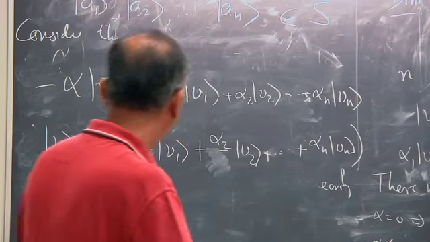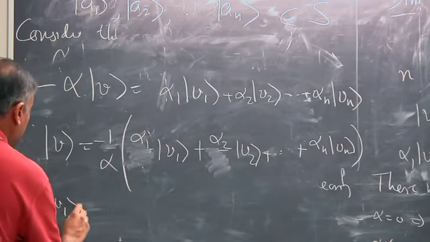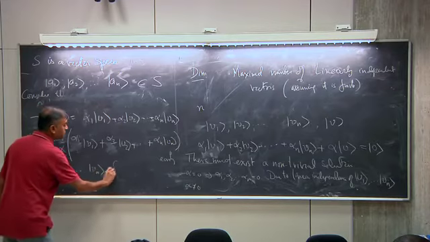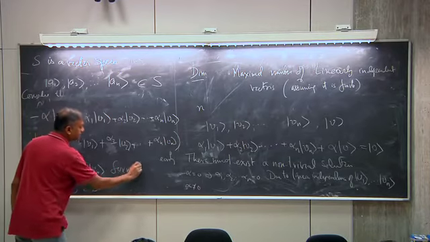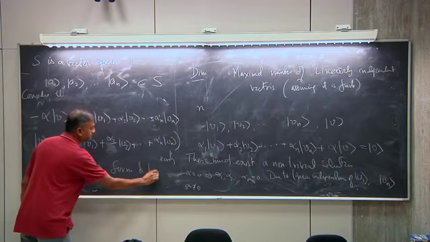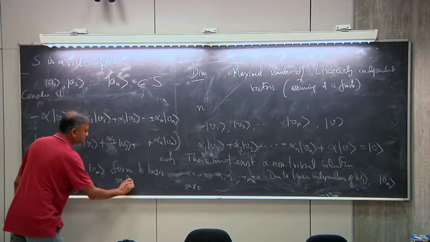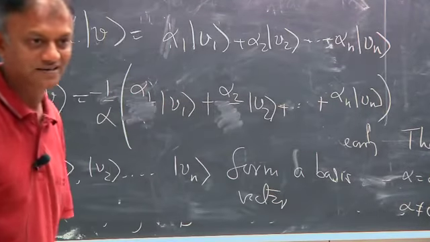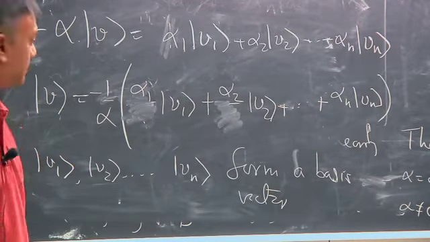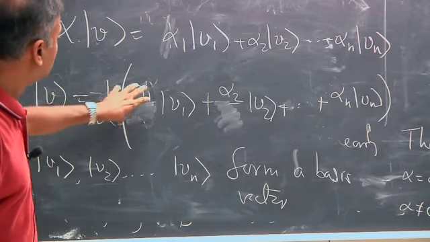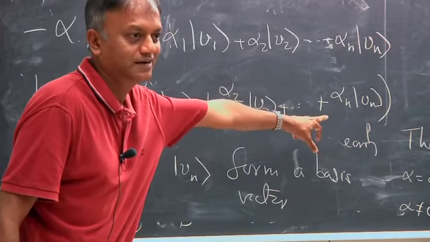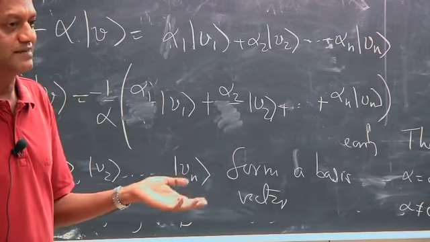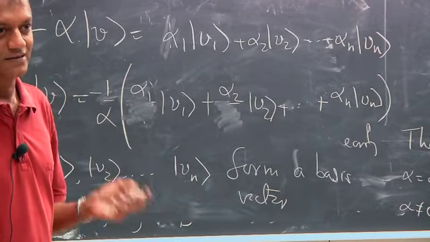So therefore, you say the set v1, v2, vn form a basis vector set. So any vector can be expressed as a linear combination of these n vectors here. Right. So indeed, to specify any vector, I need to specify these n numbers. So the information I need to specify any arbitrary vector is n. That's why its dimension is n. Okay. So this is the idea here.